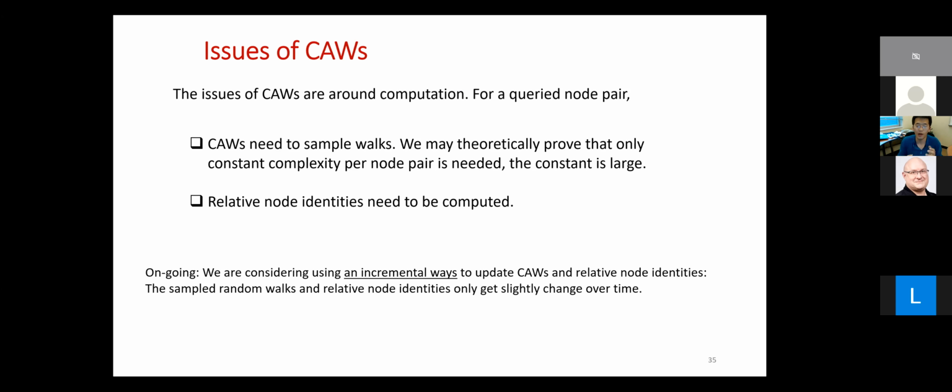Although we may prove that you only need to pay constant complexity in theory, that constant is still large. And moreover, we need to compute that relative node identity.